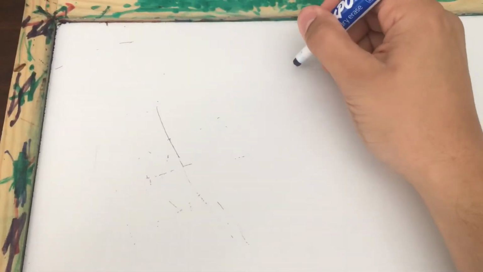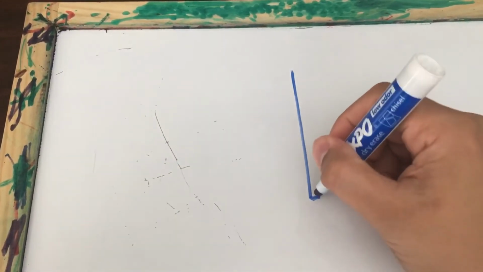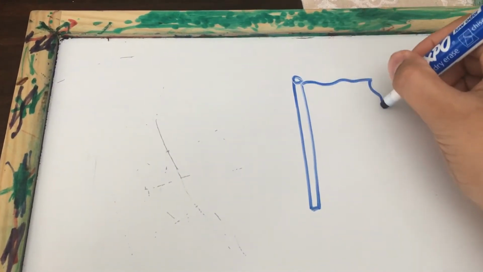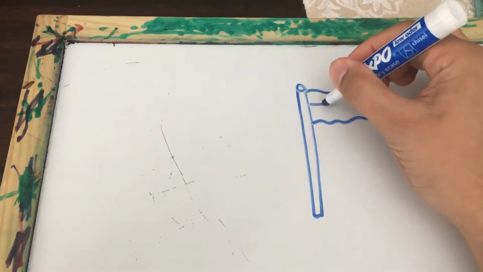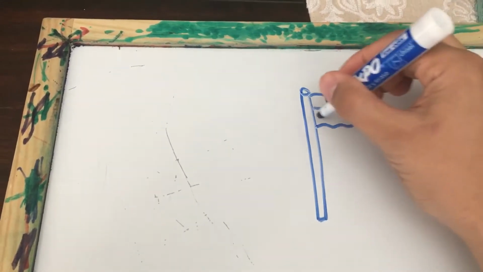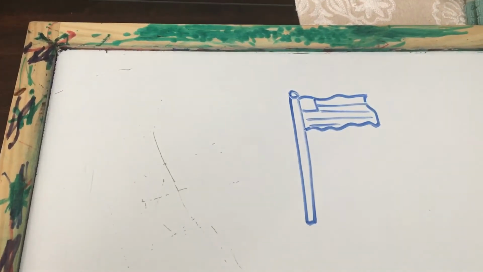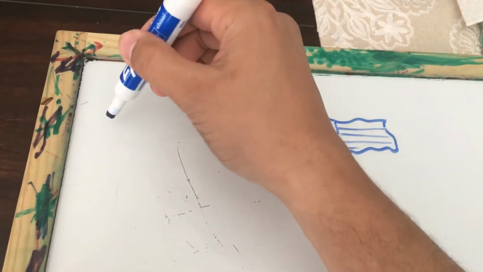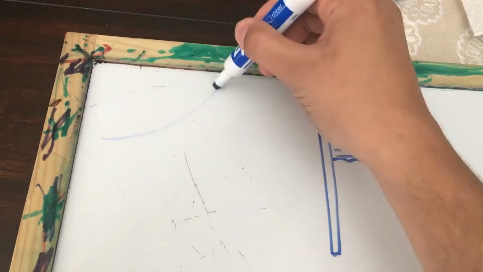Alright, so let's go ahead and make our drawing here. We are talking about a flagpole, so we should probably draw a pole here. And here's our flag. Alright, so we do have a shadow, so let's pretend here is my sun.